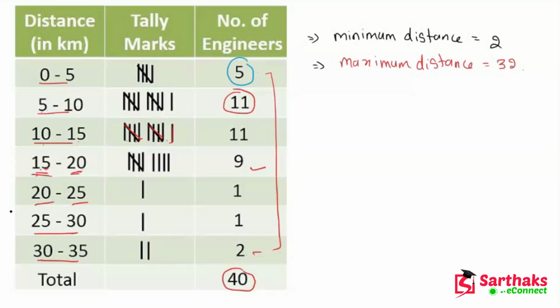After 20 kilometers there are few engineers, and most of the engineers have their workplace at a distance of 0 to 15 kilometers from their homes. So these are the observations.